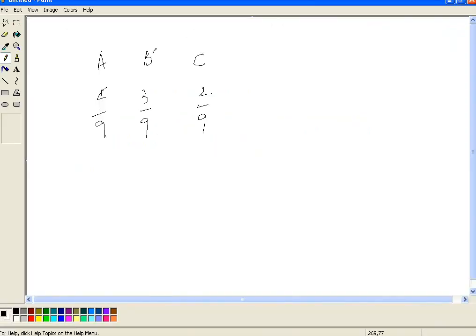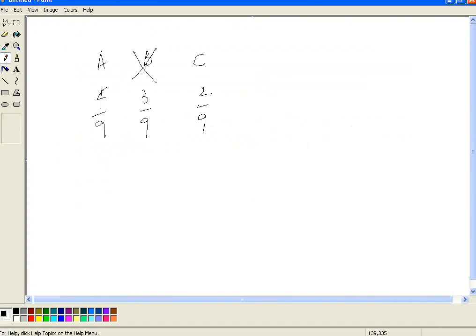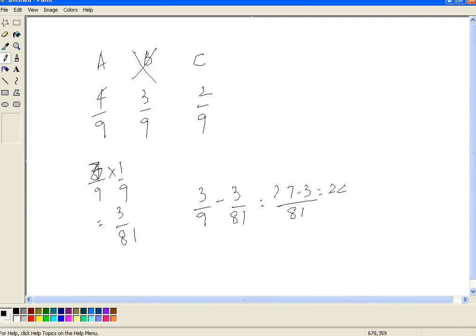B is retiring and he surrenders 1/9 of his share, which means A's gain is 3 by 9 of 1 by 9, so this is equal to 3 by 81, and therefore C's gain will be 3 by 9 minus 3 by 81, which is 24 by 81. So A's gain is 3 by 81 and C's gain is 24 by 81.